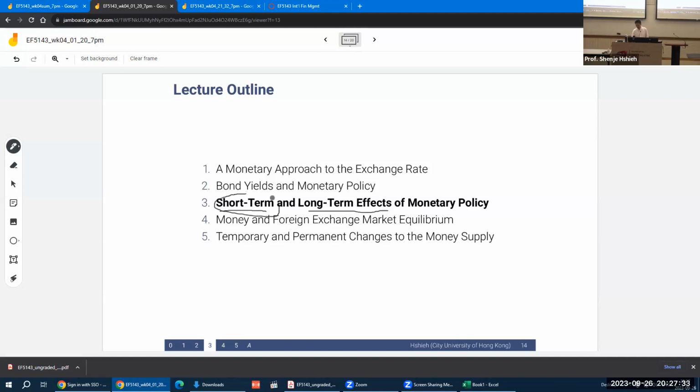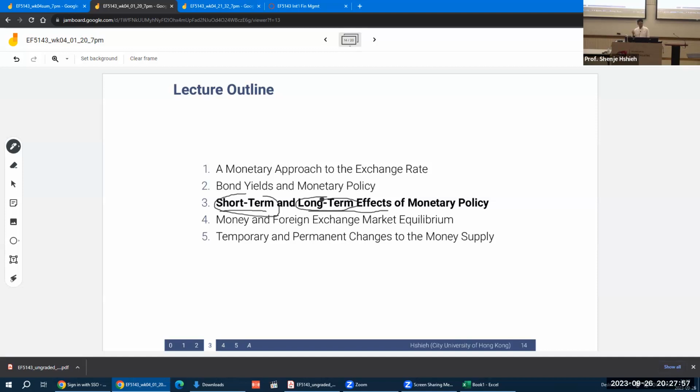Short-term and long-term are made distinct by what we assume about how prices change over time. So perhaps in your macro class, you heard of something called sticky prices, right? In mathematics, that just means that P doesn't change, okay? So our analysis is just the following. If P doesn't change, what happens to interest rates?